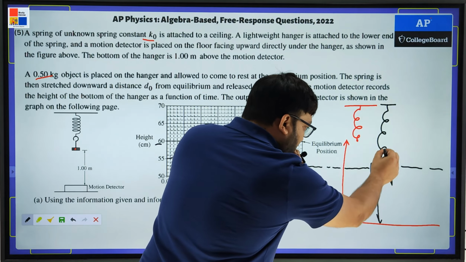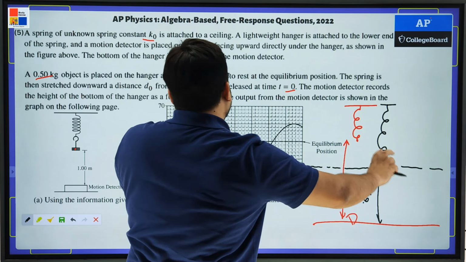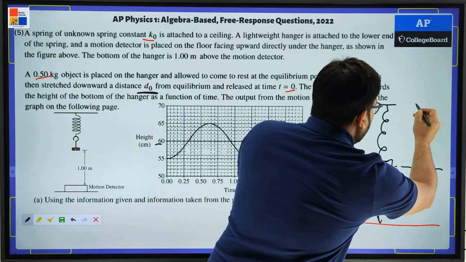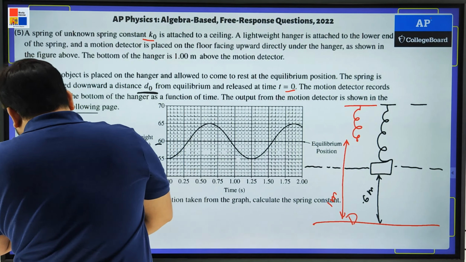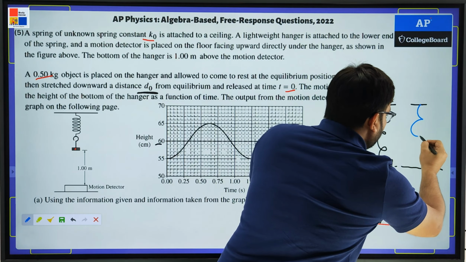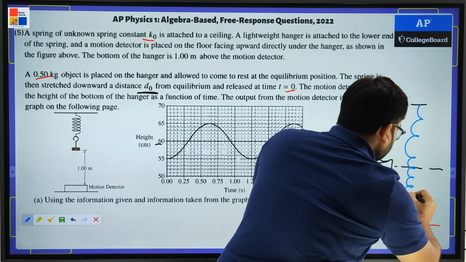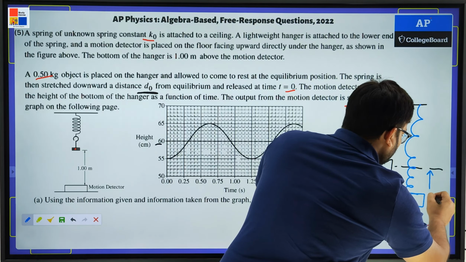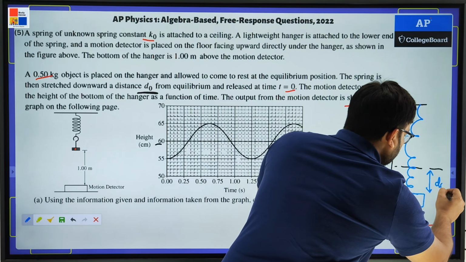Now it is being pulled down by some amount. What is that amount? It's d naught. This object is being pulled down by a distance of d naught from here, like this. So this is d naught.